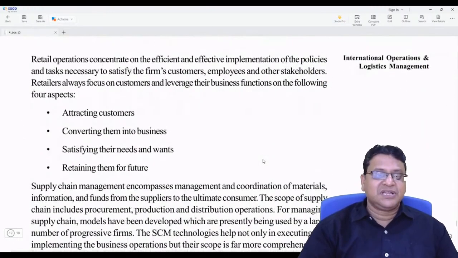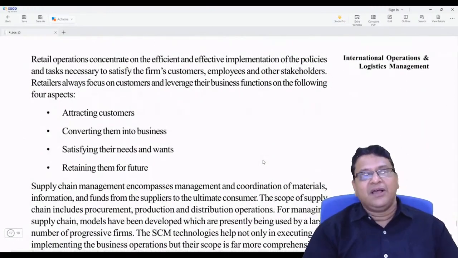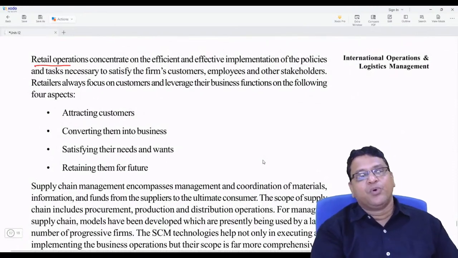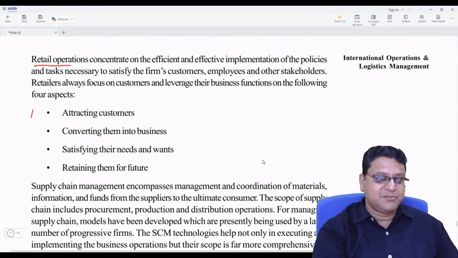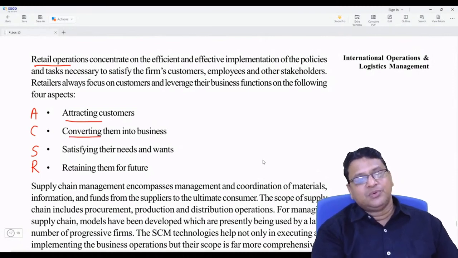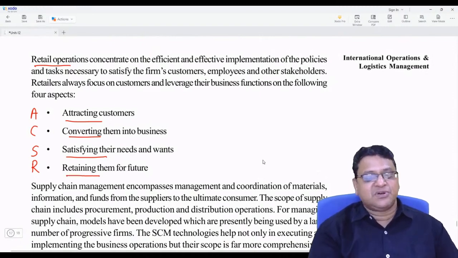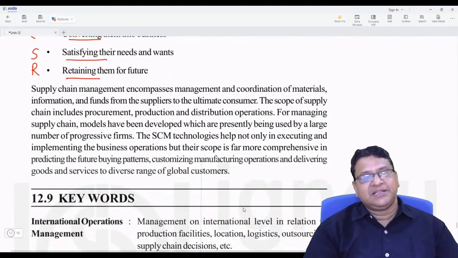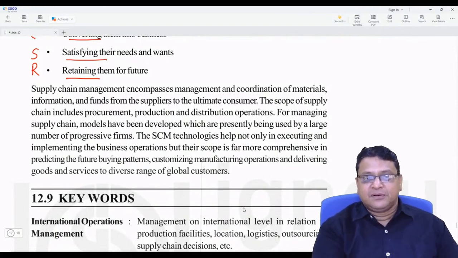Next, we discussed the SCSR model of international retail management. International retail management focuses upon the SCSR model. What is the SCSR model? It means attracting customers, converting them into customers, then satisfying their needs and retaining them for the future. Then we have discussed supply chain management, and in that context different supply chain models.